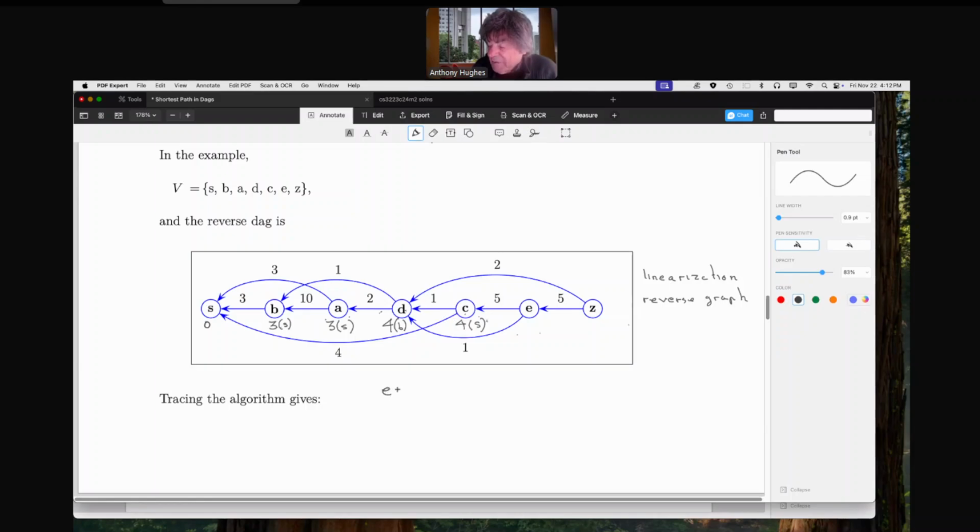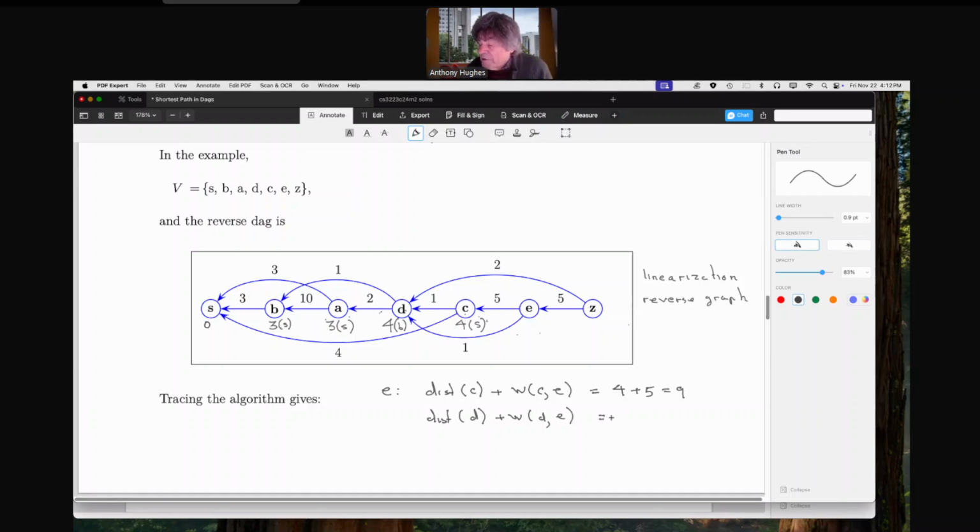So we got E, and E can go back to D, or it can go to C. So we got the distance to C plus the weight of C to E, or we got the distance to D plus the weight of D to E, equals the distance to C is 4, the weight is 5, so this gives us 9.